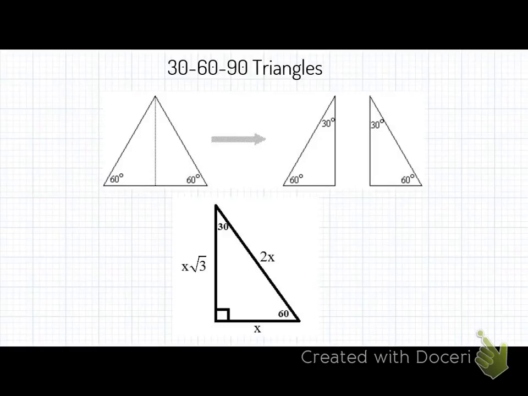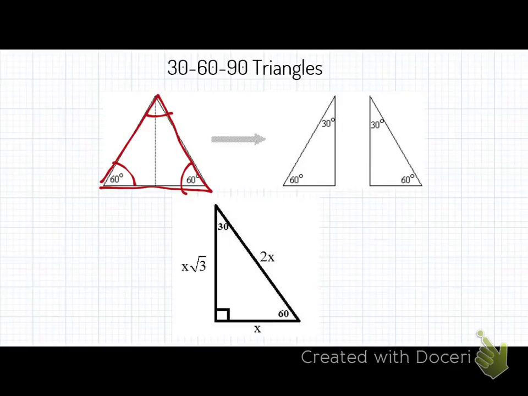Okay, so I have all the answers. 30, 60, 90 triangles. Okay, this is a special case triangle. So it originally came from an equilateral triangle. What do we know about equilateral triangles? They have equal sides, and then what else? They have equal angles as well. So all angles are 60 degrees, okay?